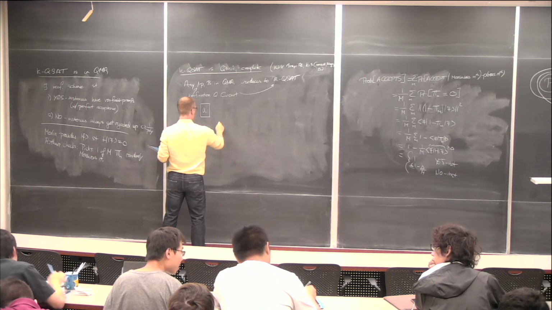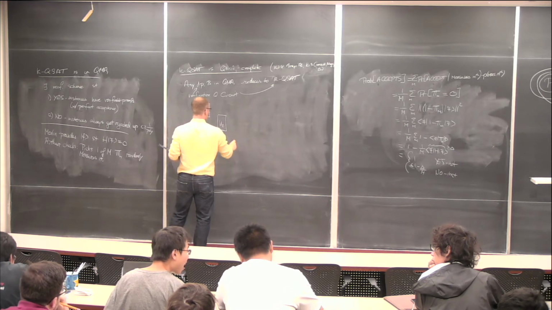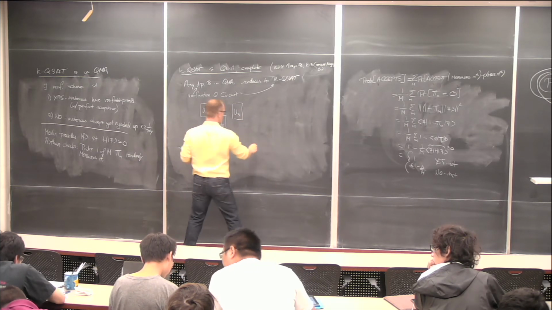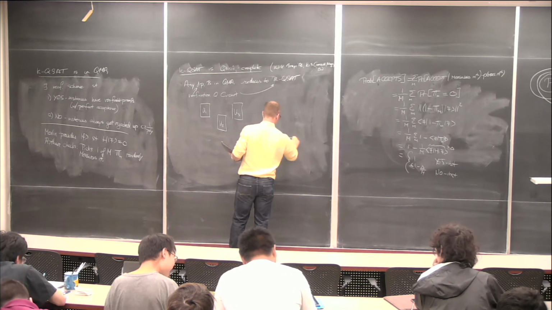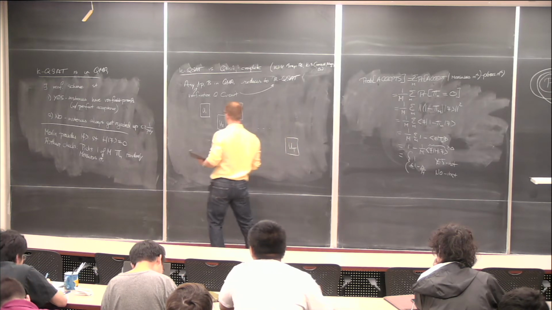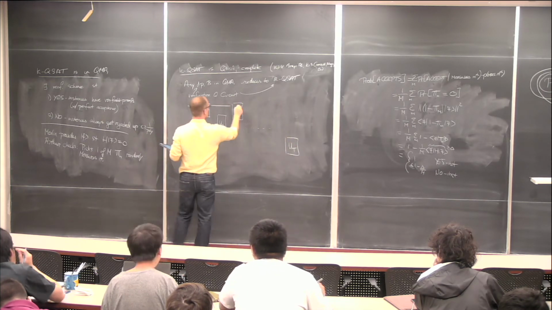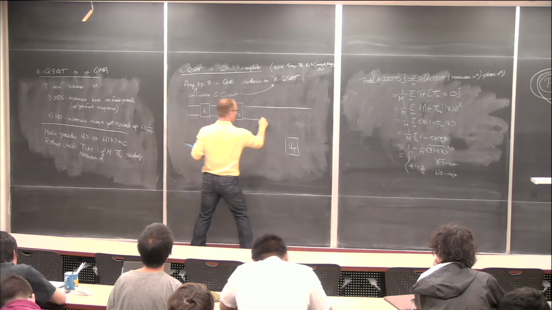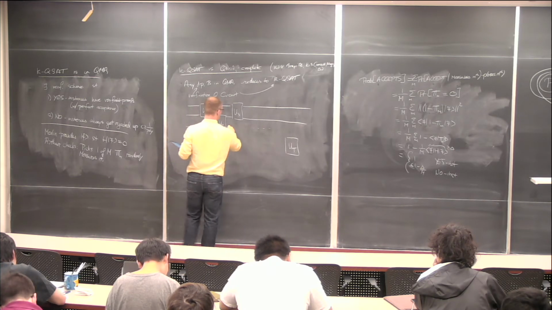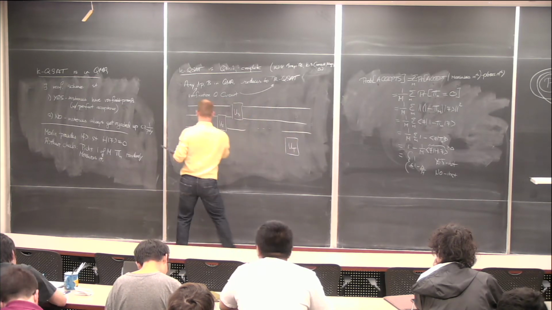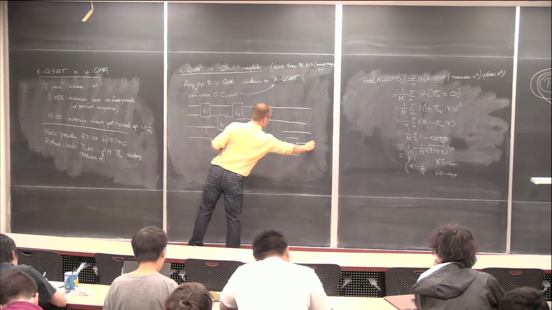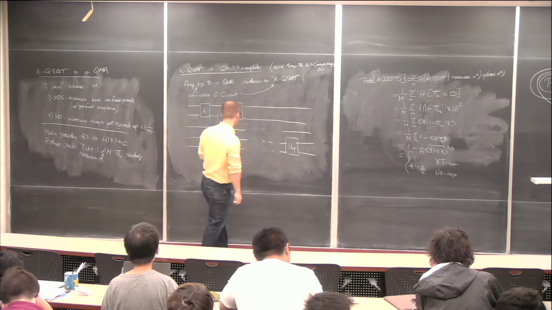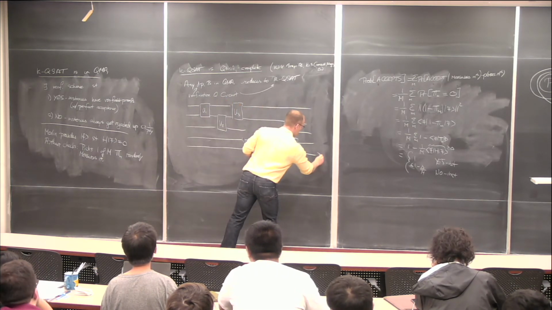I'm just going to order them in some way so that we do them sequentially: U1, U2, U3, dot, dot, dot, U capital T. There are some qubit lines. At the end, we say measure this one.